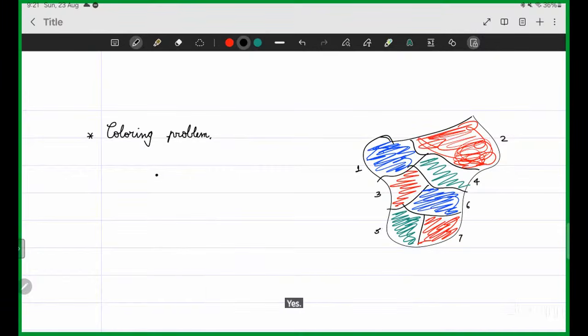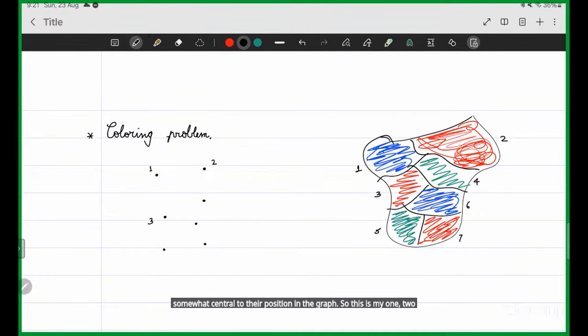Clear? So let me draw the states. Let me just list the states as vertices, somewhat central to their position in the graph. So this is my 1, 2, 3, 4, 5, 6, and 7.